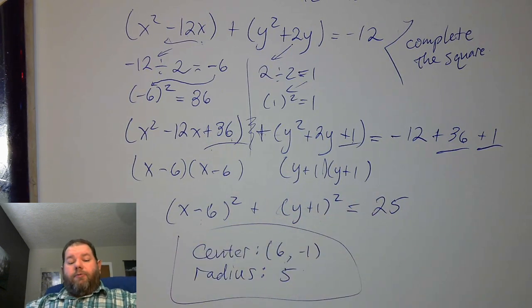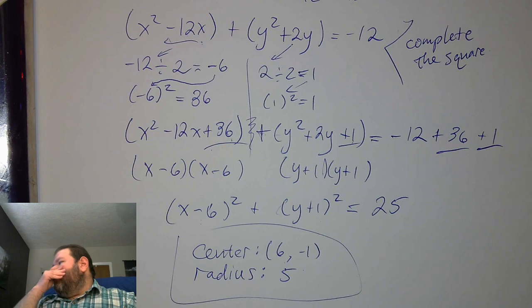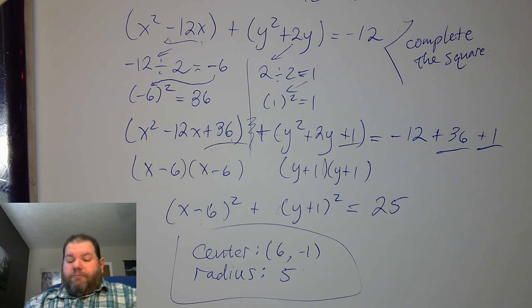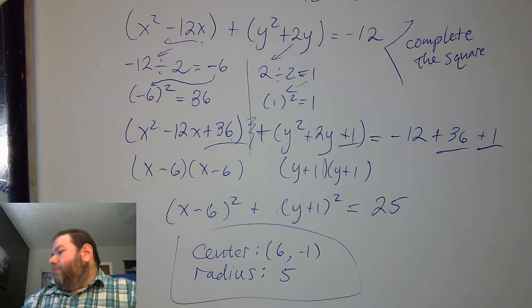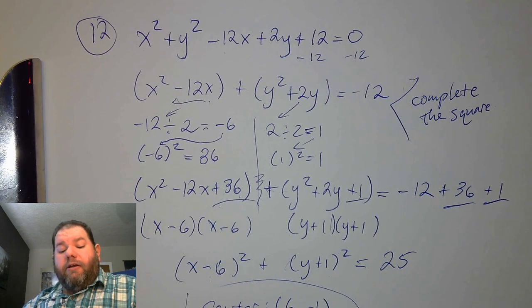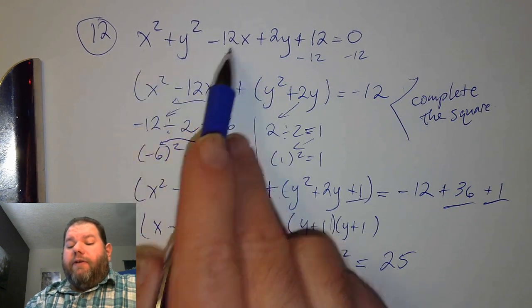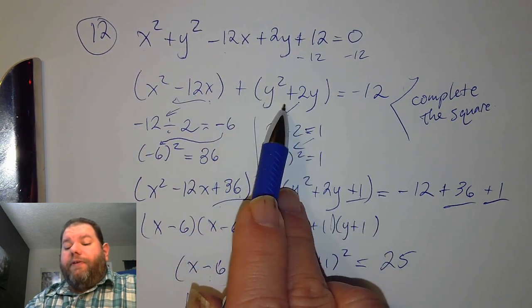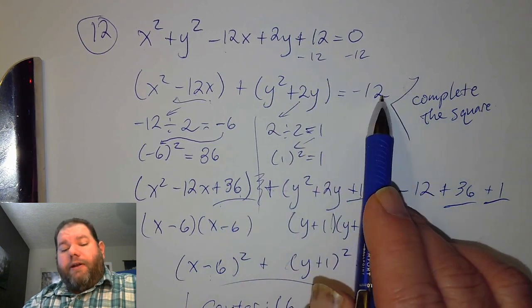Alright, and then there's a multiple choice problem, and we'll just pick out the correct answer from there. From the beginning, we just got our x's together in parentheses, we got our y's together in parentheses, moved the number over to the right-hand side.